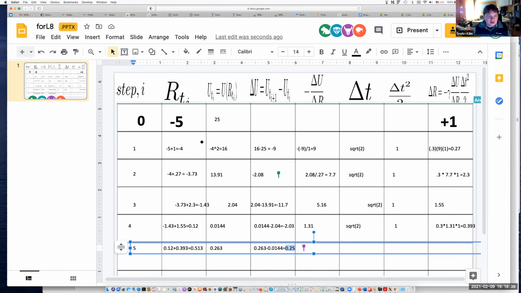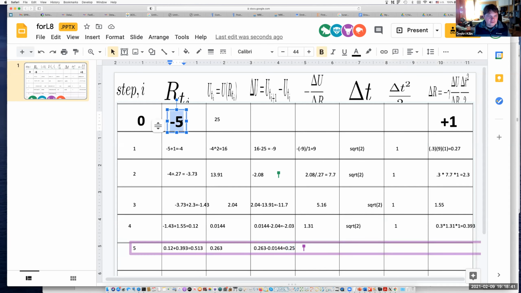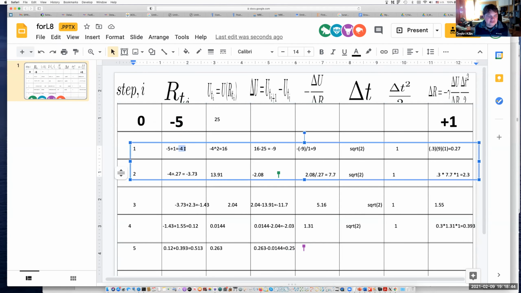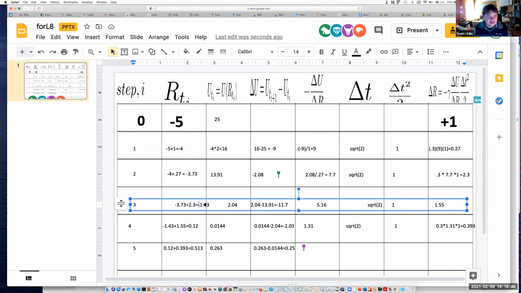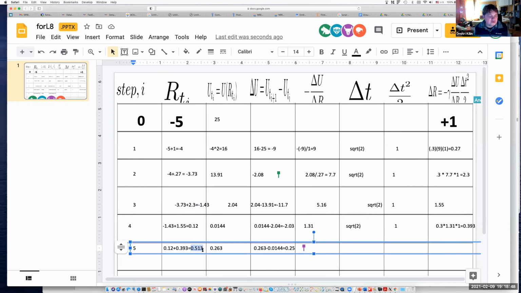Before we were going on the negative side, and now we jumped over the minimum to the positive. And now the system self-corrects. This algorithm recognizes that we went too far and we need to return. So this delta U changes sign, which means we need to return back. We were running so fast that we missed the target. We need to return back. Make sense?